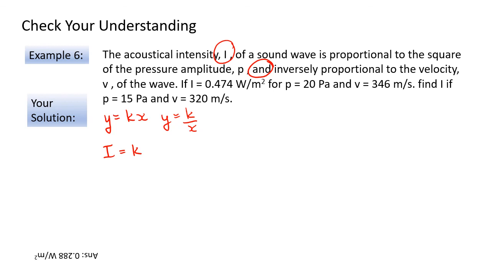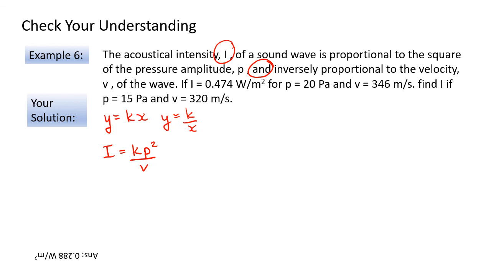Your first item is that the sound wave is proportional to the square of the pressure amplitude P, in other words, P squared, and inversely proportional to the velocity V, in other words, inversely divided by V. You can sound these out when you have multiple terms that need to be added in.